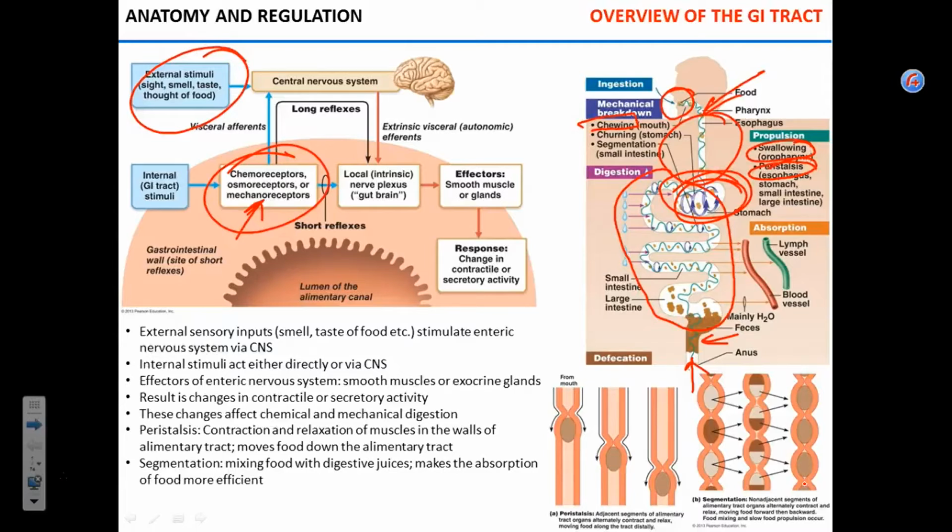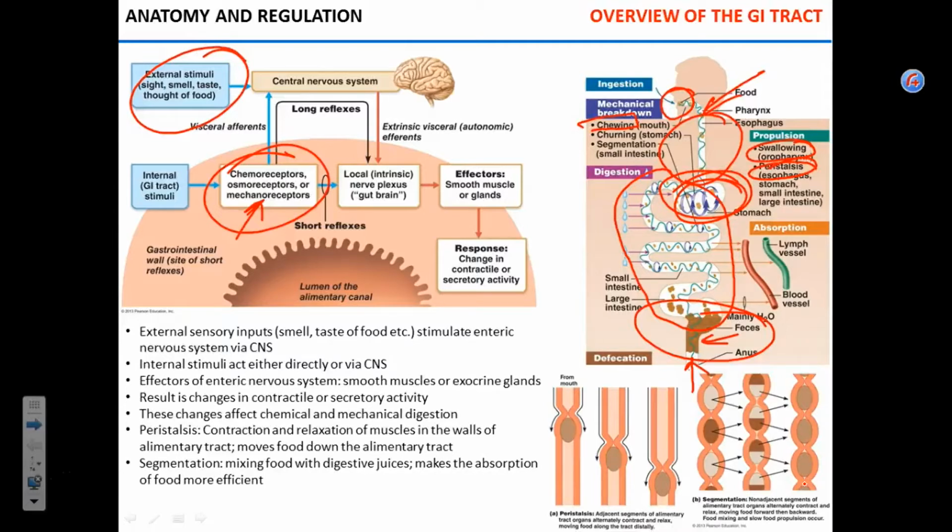Okay? When you hopefully absorb everything from semi-digested food, whatever is not digested, whatever is not needed, is leaving the body in the form of feces. That's defecation. So you can see that there are parts of the digestive system that have unique activities, like mouth or anus.